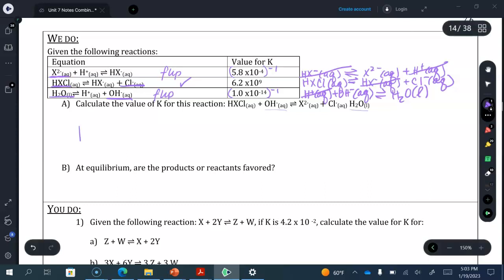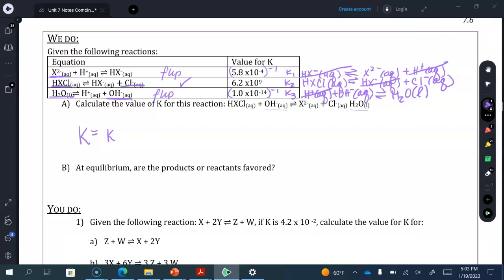So then K is going to be equal to the product of these three, and I can call this K1, K2, K3. Since we added the reactions, we multiply these.